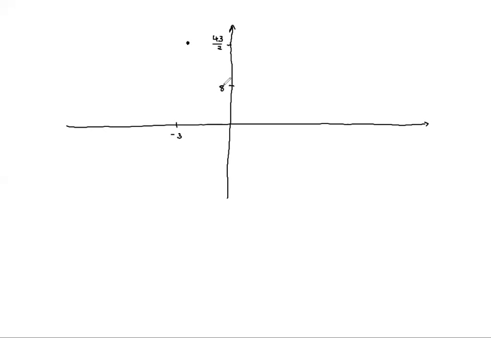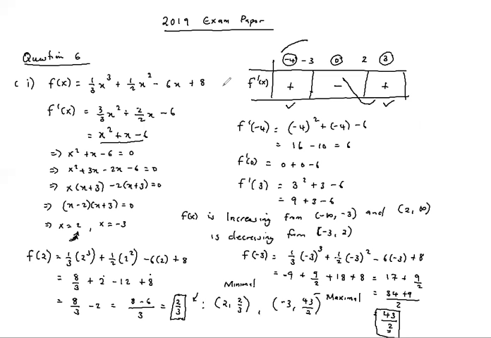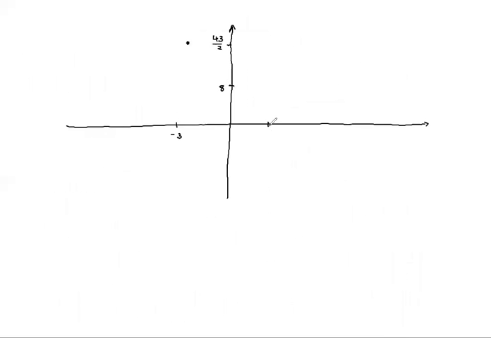Okay, it has another turning point, 2, 2/3. That's positive 2/3. So somewhere here. Okay, so the 8 can be written somewhere else. So it will go like that.